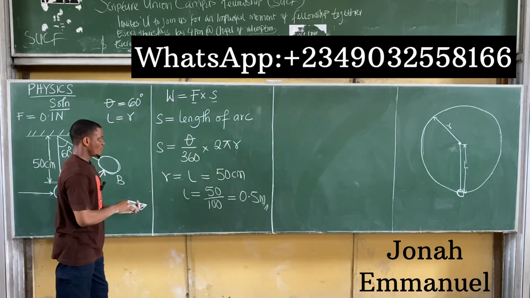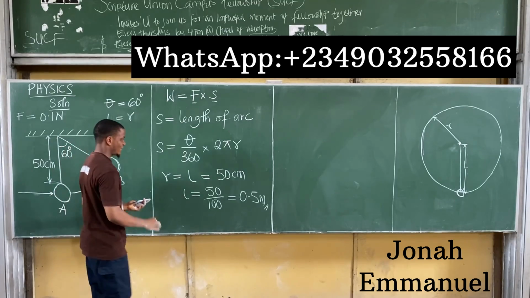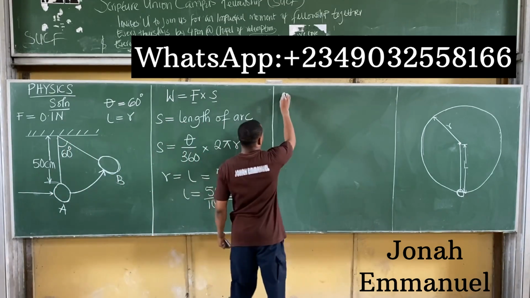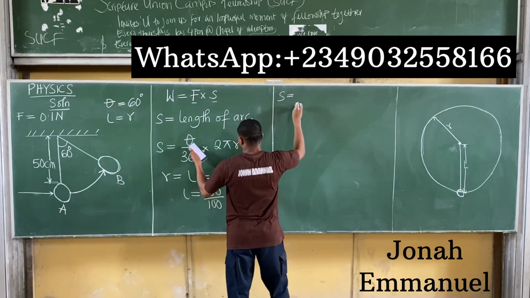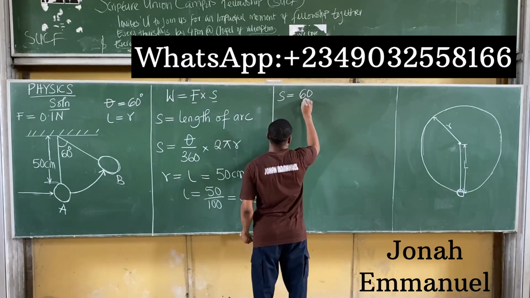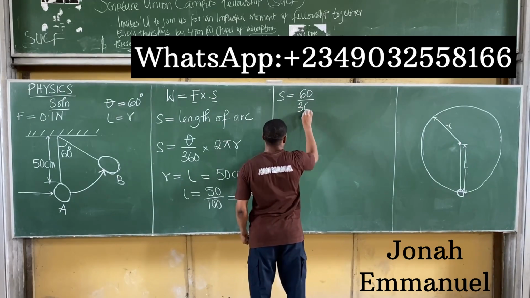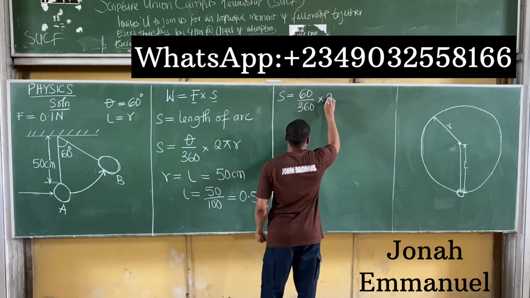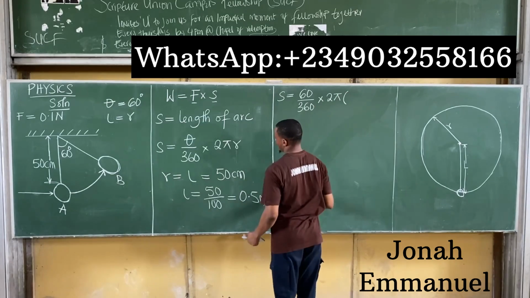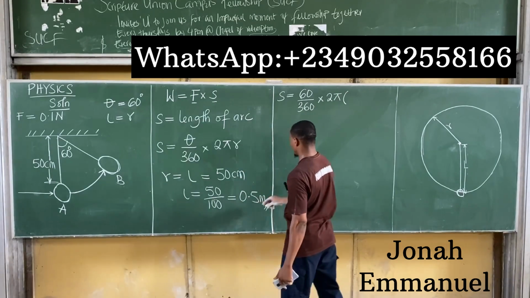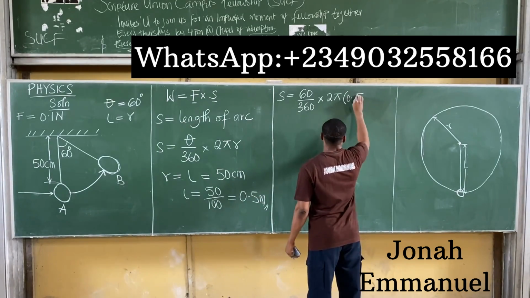Okay, so if this is correct, let's now get the length of the arc. It means the length of the arc S is equal to theta, 60, all over 360, times 2 pi r. What's r there? This one here, 0.5.